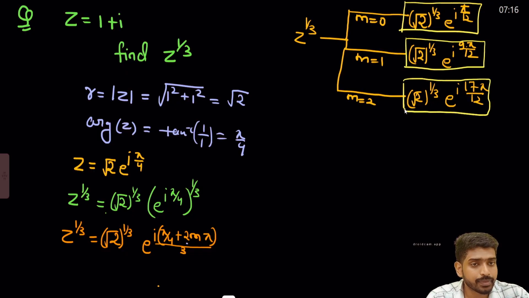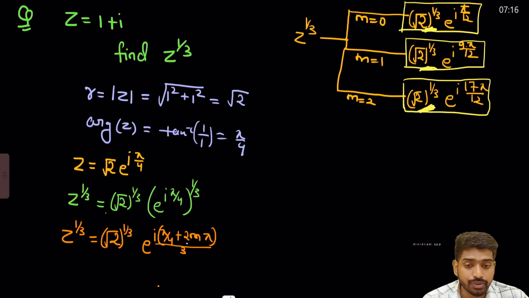Now see, in these 3 solutions, we got 3 complex numbers, right? For all these complex numbers, the magnitude is the same, right? Magnitude is root 2 to the power 1 by 3, or 2 to the power 2 by 3, right? Magnitude here is also 2 to the power 2 by 3, and the magnitude or modulus of this complex number here is also 2 to the power 2 by 3. And the argument is changing, the angle is changing.